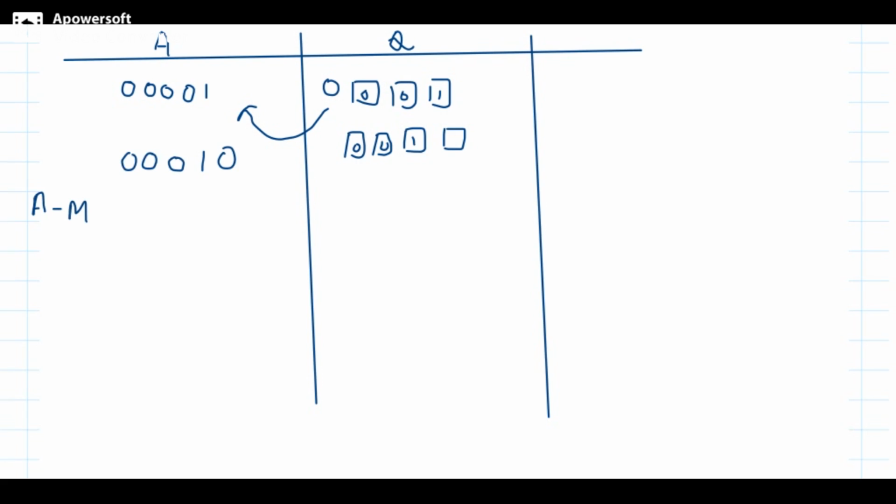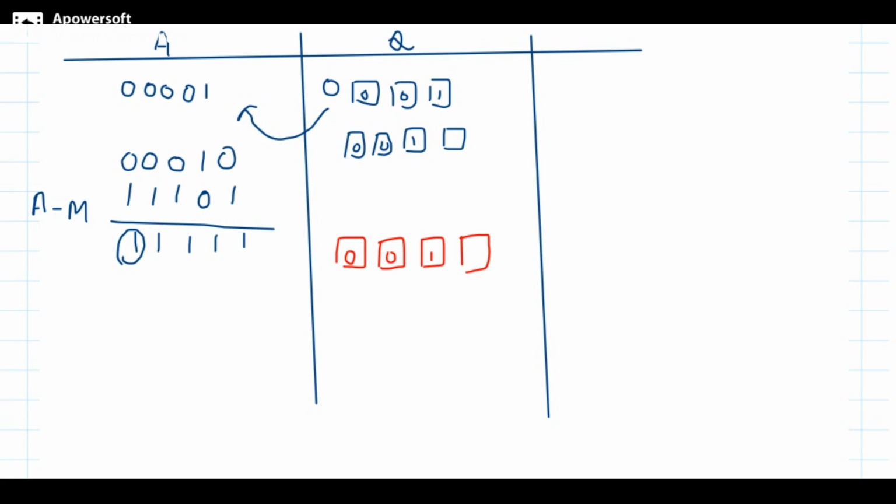So now we have to perform A minus M. That means A plus 2's complement of M. 2's complement of M is 1, 0, 1, 1, 1, 1, 1, 1, 1, 1 you'll get. So check the sign bit of A. Since it is 1, so this one I will copy it once again, 0, 0, 1 and blank.